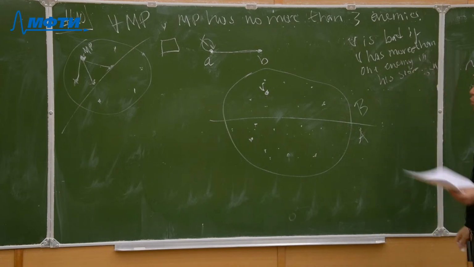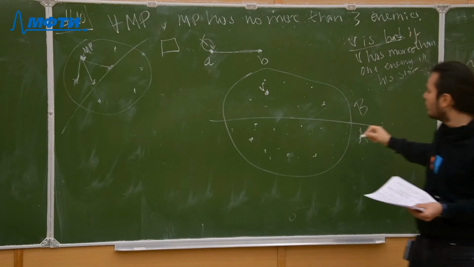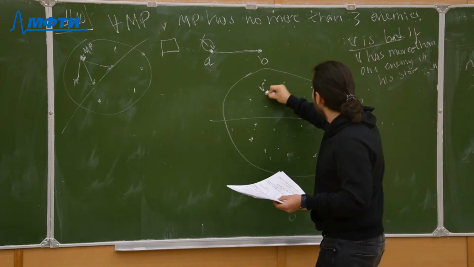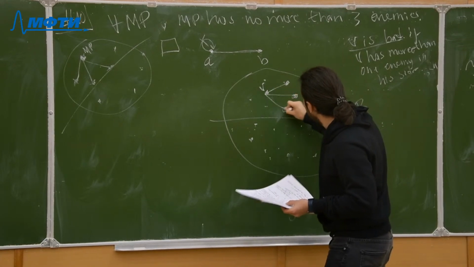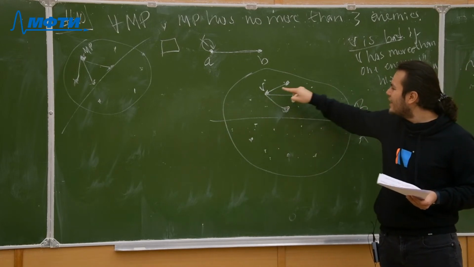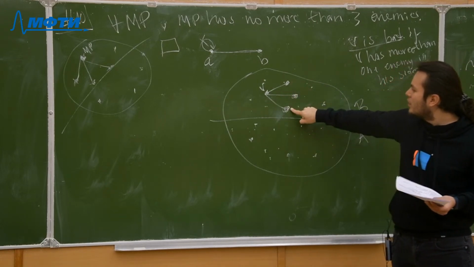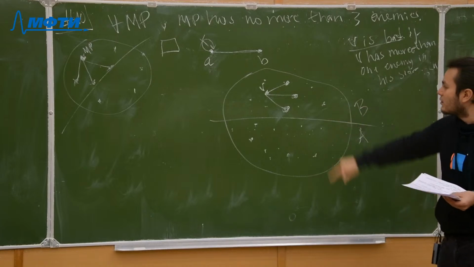Okay, so we have two options for V to be bad. So we have that V has three enemies here on his side, right?